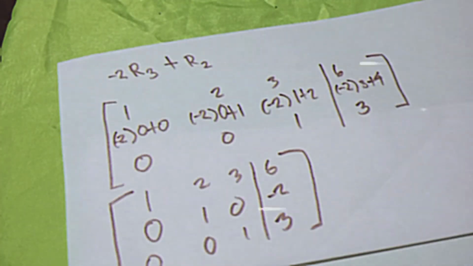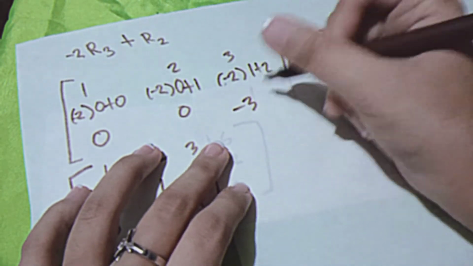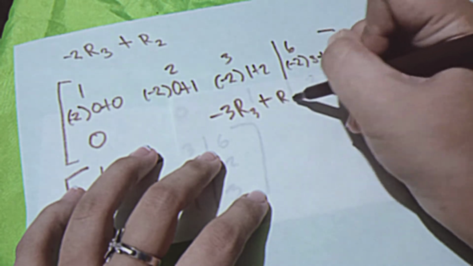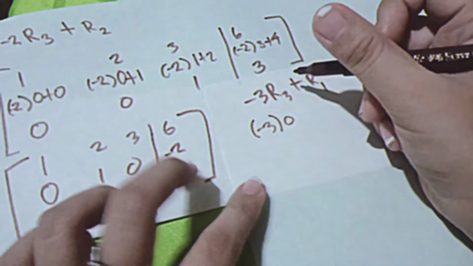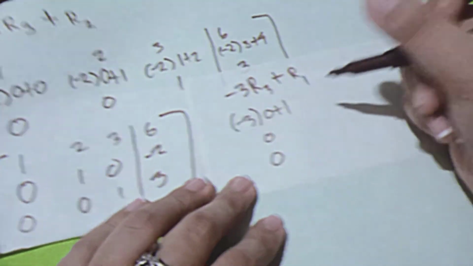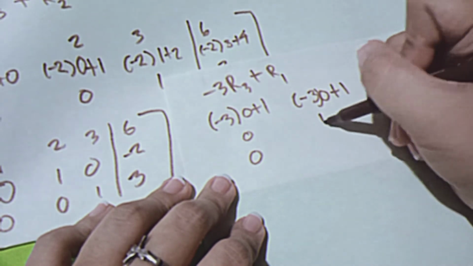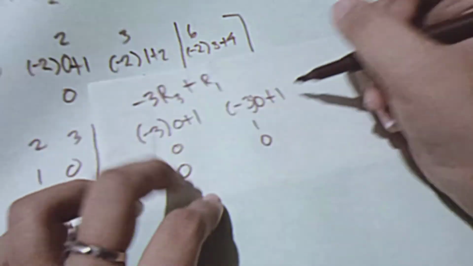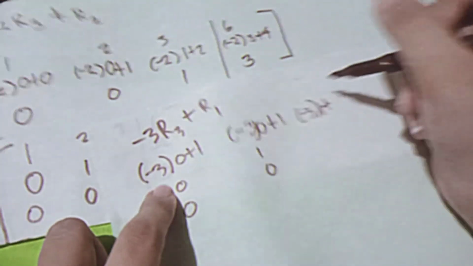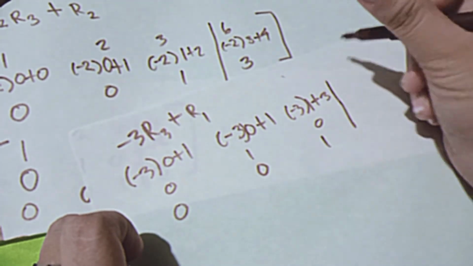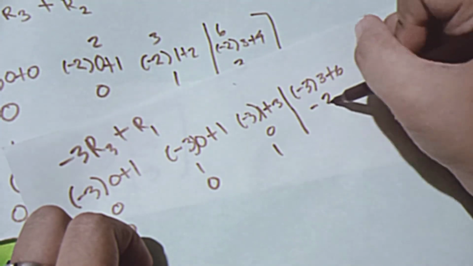Then negative 3, 3 plus 1, then negative 3 times 0 plus 1, then 0, 0, 0 plus 1, then 1, 0, row 3, which is 1 plus 3, 0, 1 times negative 3 times 3 plus 6, then negative 2, 3.